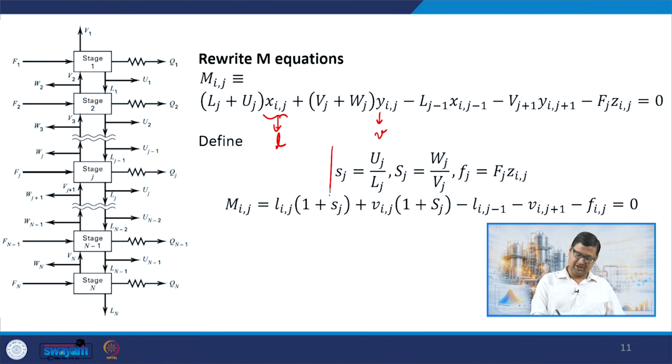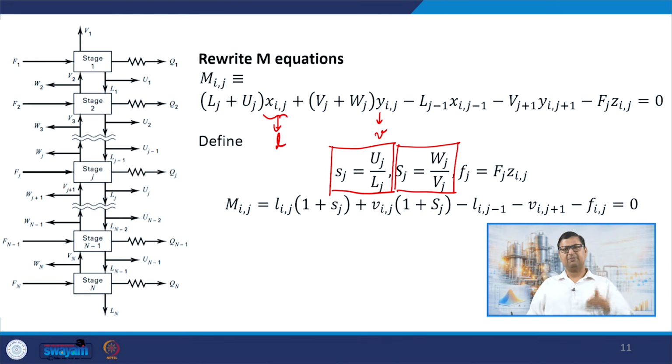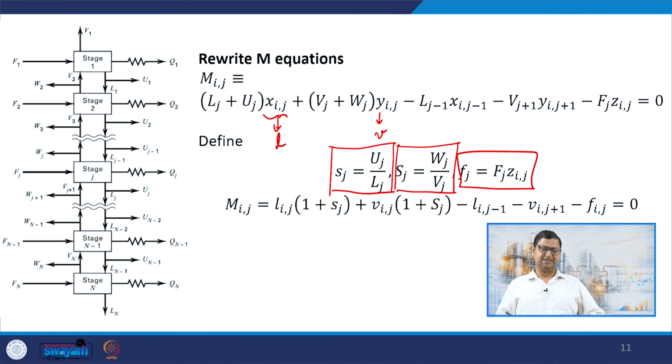So, we define a variable sj, which is the ratio of the liquid side stream to the liquid main stream. Capital Sj is the ratio of the vapor side stream, the molar flow rates of that divided by the molar flow rates of the vapor main stream. And I also define the molar flow rate of component I in the feed stream, that is the total feed molar flow rate multiplied by the overall mole fraction of component I in the feed, right.